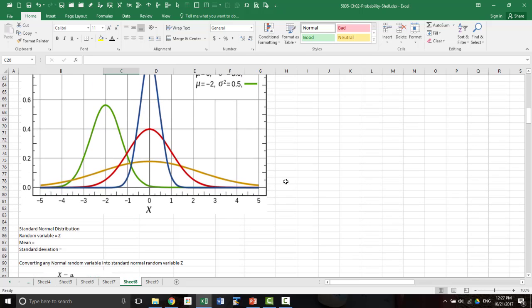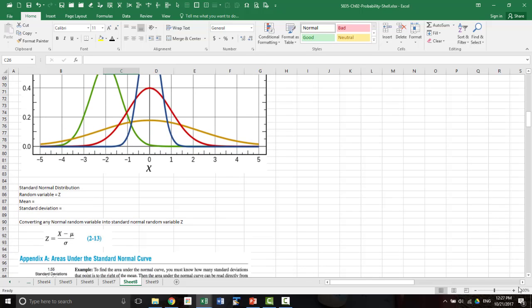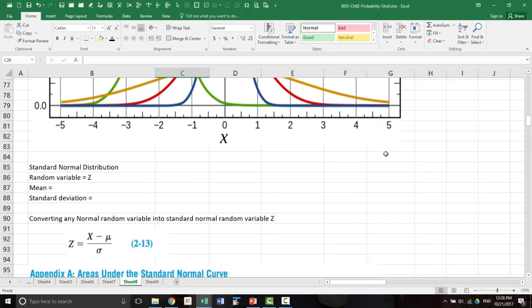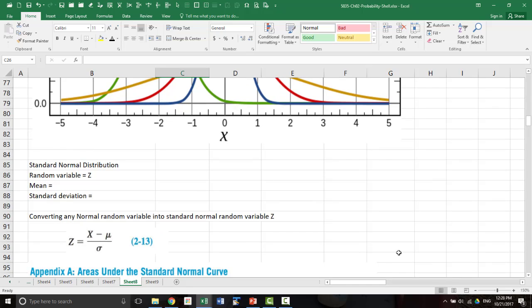Now, there is one specific normal distribution that has a special function, called the standard normal distribution. It is a normal distribution for which the mean is 0 and the standard deviation is 1. The reason for its importance is that all normal distributions can be converted to an equivalent area in the standard normal.